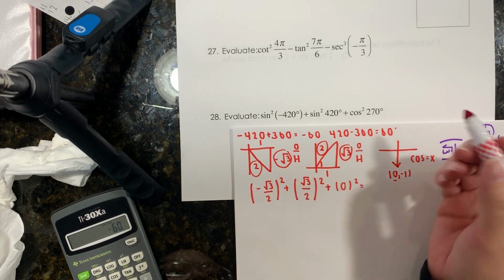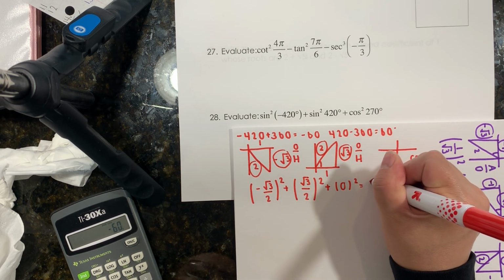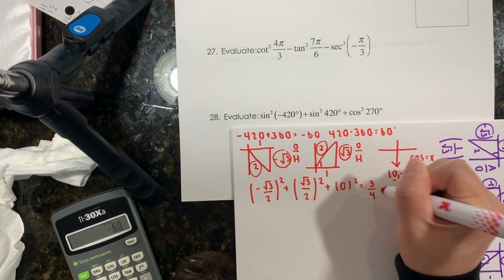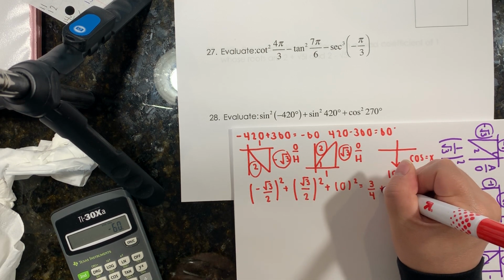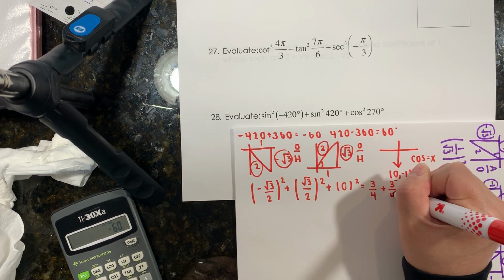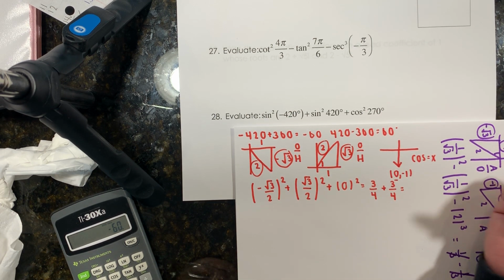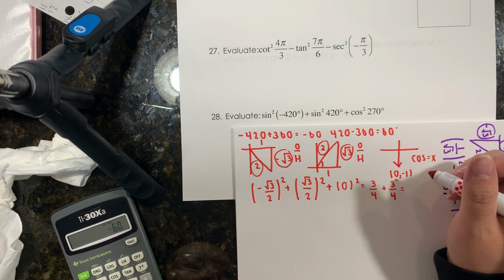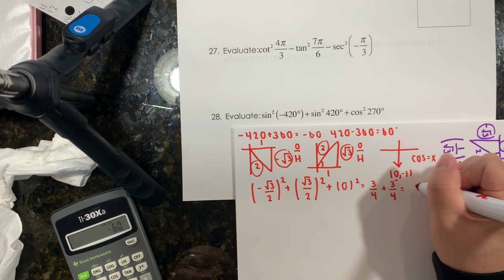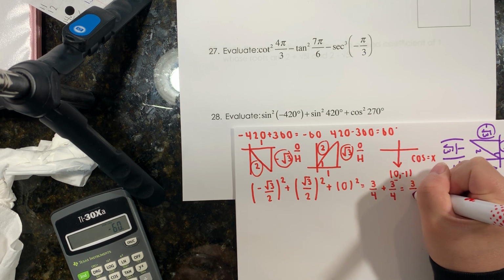So √3/2 squared would actually turn into 3/4. √3/2 squared would also be 3/4, and 0 squared would just be 0. So my result is going to be 6/4, which is going to simplify to 3/2.